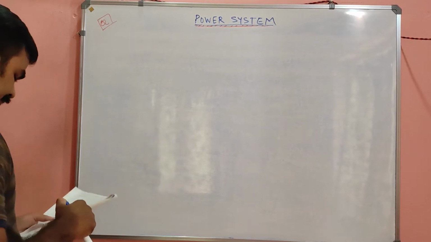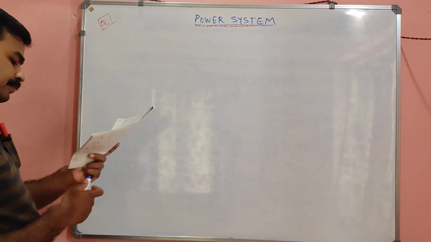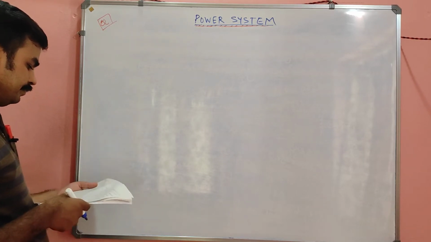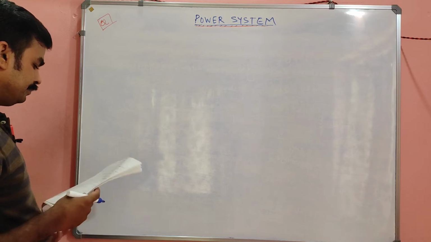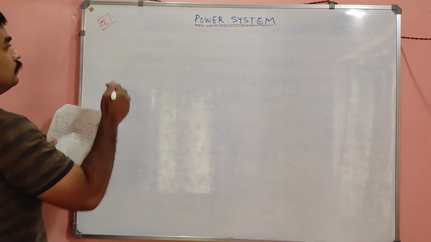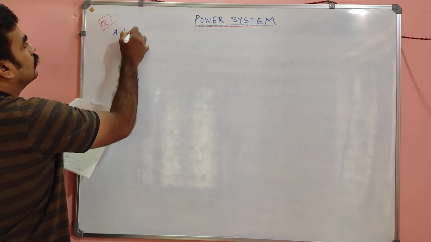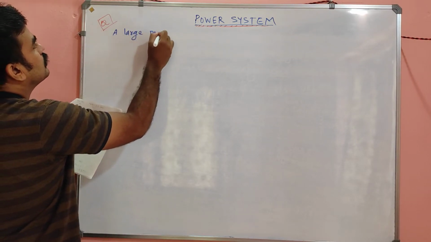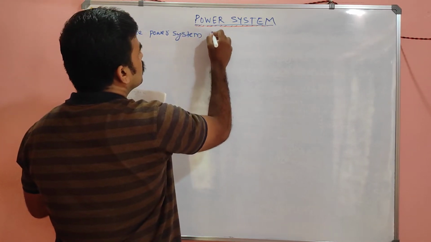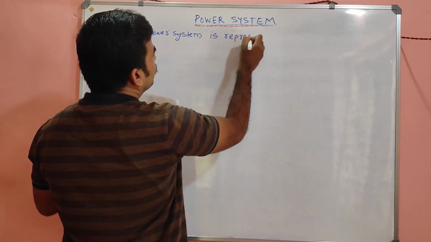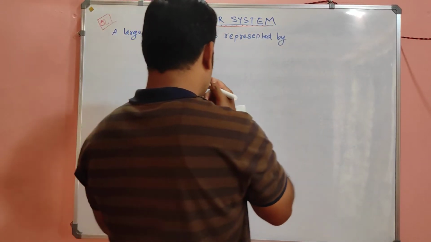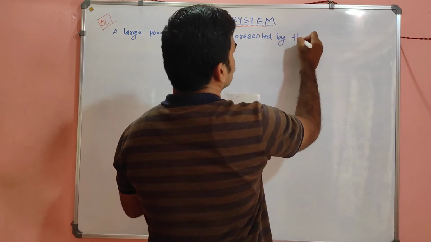Next question. A large power system is represented by Thevenin equivalent.